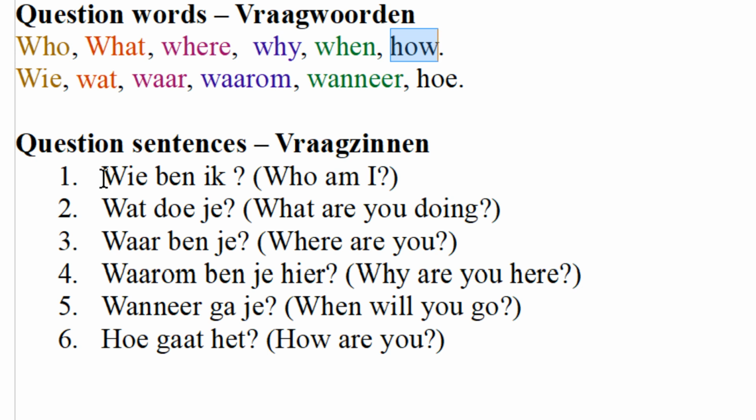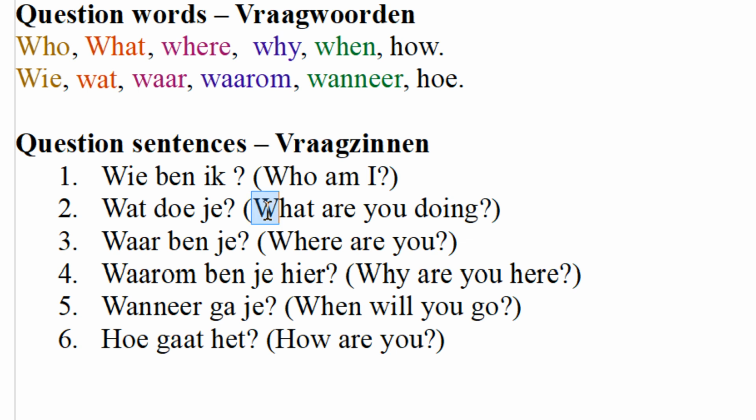In Dutch, we will ask wie ben ik? Wie ben jij? Who are you? Wie ben hij? Who is he? So we use wie for who.